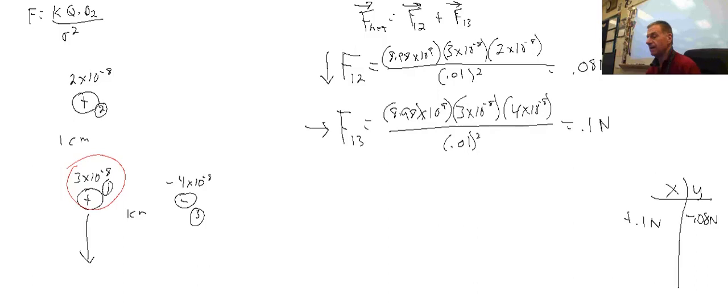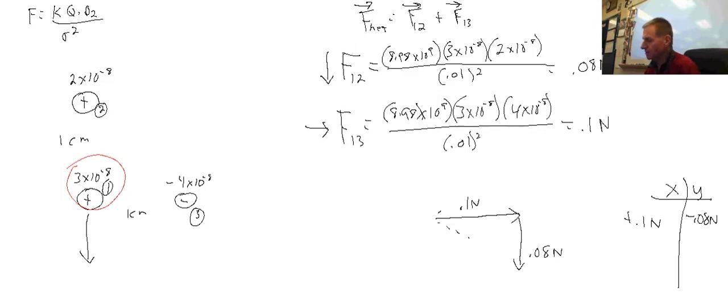Okay, and these are the only vectors that I have. So what can I do? I can now create a triangle and come up with my resultant vector using the Pythagorean theorem. Well, what have I got? I've got a vector going in this direction, whoops, I'm sorry, a vector going in that direction that is equal to 0.1 newtons. And then I've got a vector going in this direction, which is 0.08 newtons.